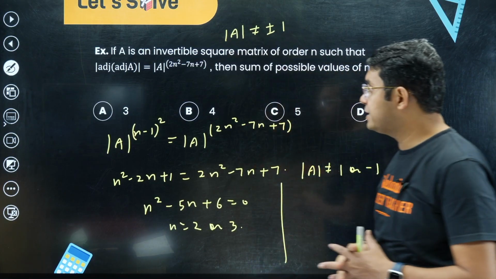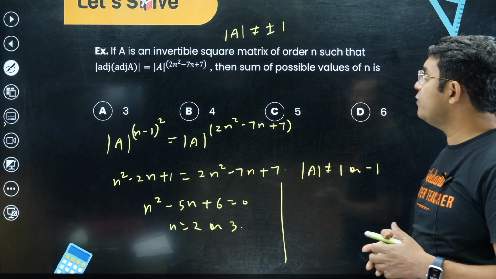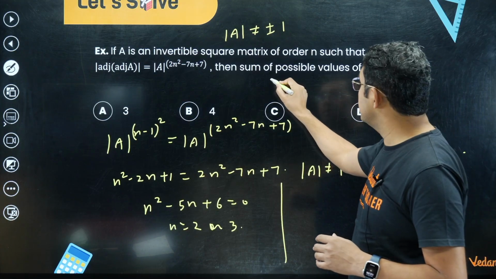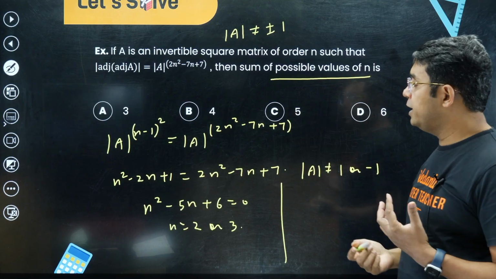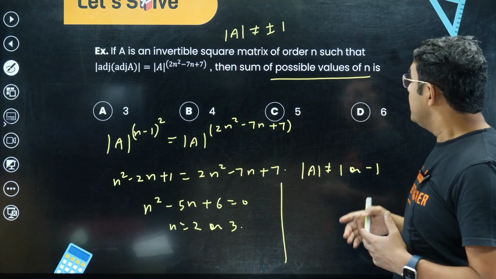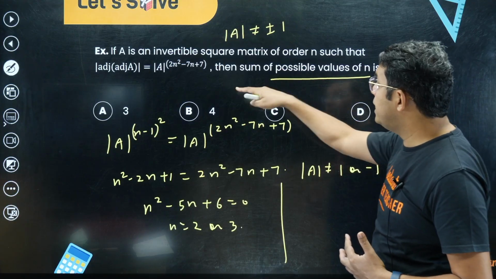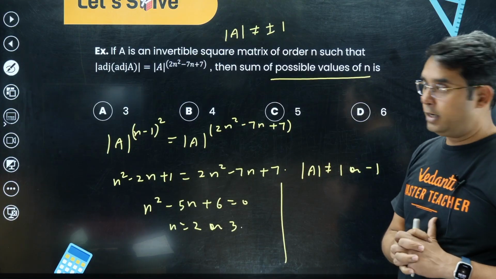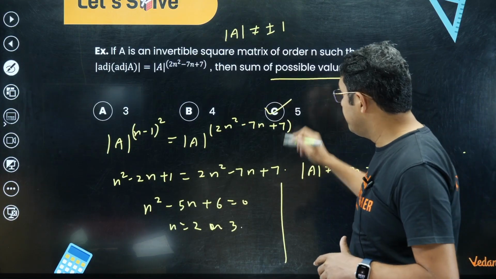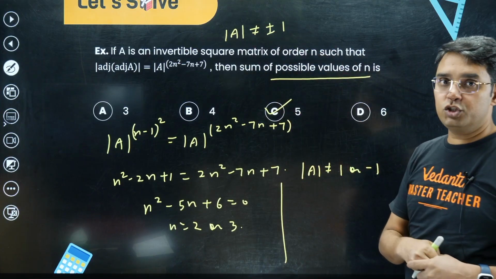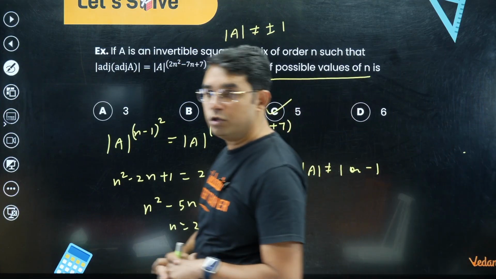Then this question will make sense. Otherwise every value of n can satisfy, because they are asking sum of possible value of n. Actually the possibility of n can be any natural number or any integer if your determinant A is becoming equal to 1. So answer will be C, but this should be added in this question. We will make this change in this question also.